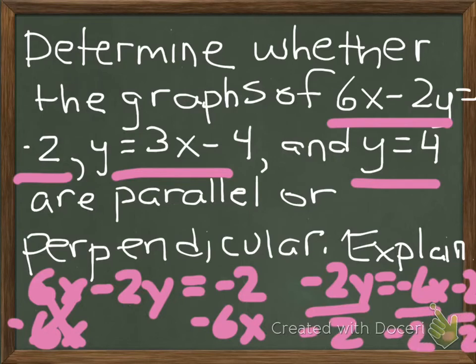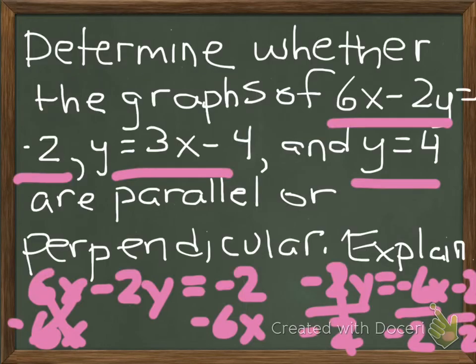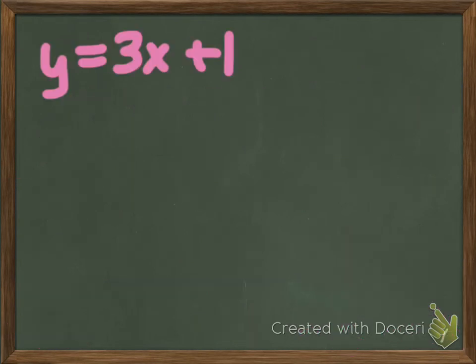So if I simplify that, I get y equals negative 6 over negative 2, or positive 3. So y equals 3x, and then I have negative 2 over negative 2, which simplifies to 1. So y equals 3x plus 1. So now I have all three equations in slope-intercept form.